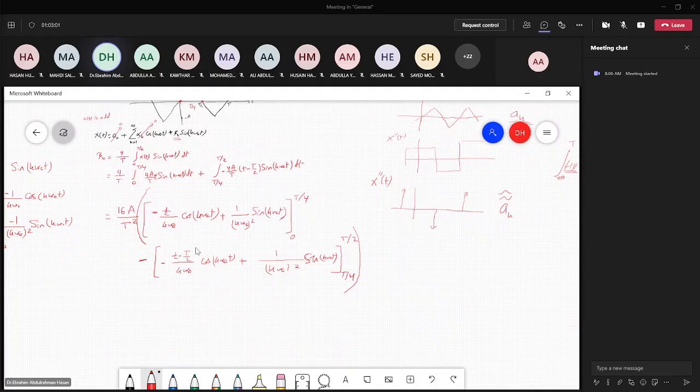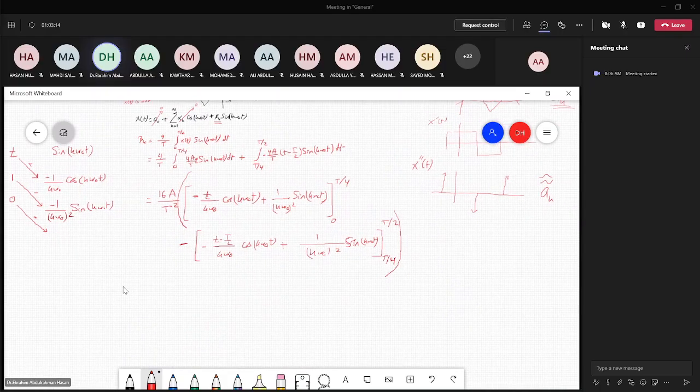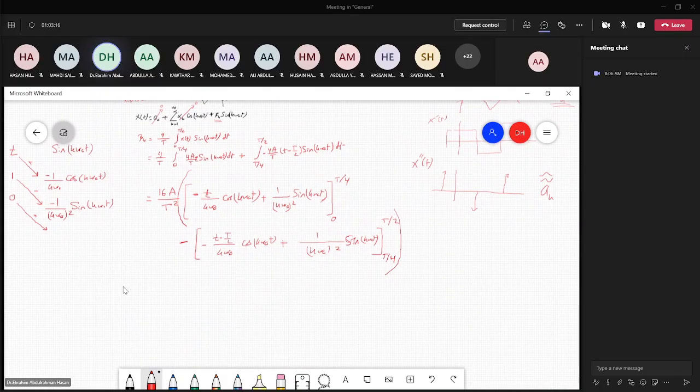I did this because I want to show you that sometimes you are going to face integration by parts, how to handle this one. I think I have the final solution.